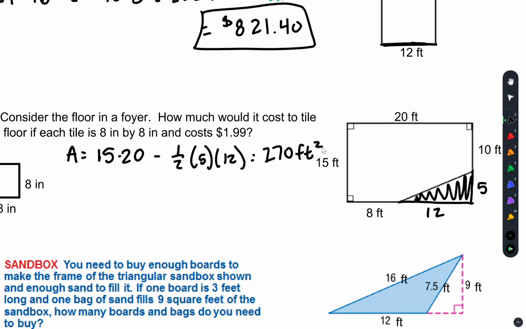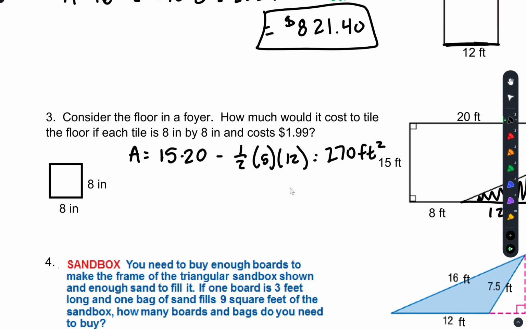Cool? Okay, here's the tricky part. That tile is usually not going to be in the same dimension that the floor is. So the floor is measured in feet. The tile is measured in inches. We need to convert to one or the other. So I'm going to take this tile and make it, instead of inches, feet.